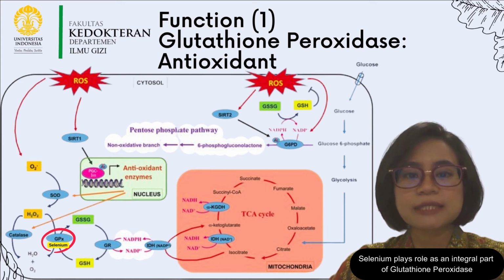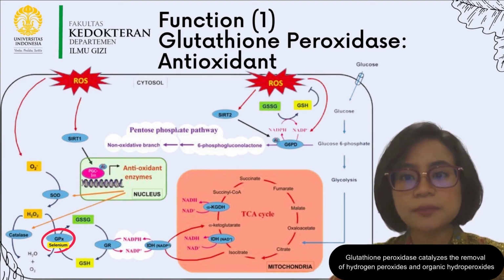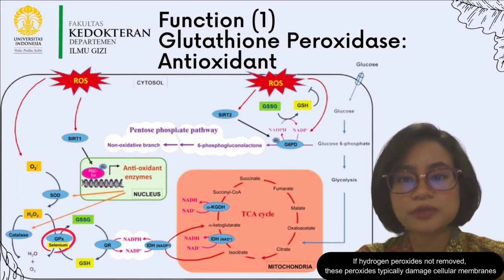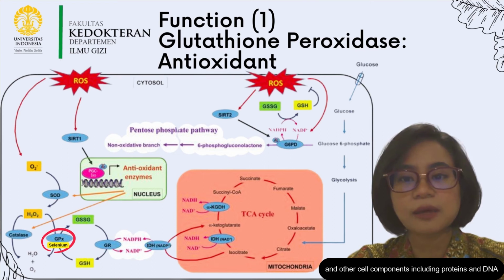Selenium plays a role as an integral part of glutathione peroxidase. Glutathione peroxidase catalyzes the removal of hydrogen peroxides and organic hydroperoxides. If hydrogen peroxides are not removed, these peroxides typically damage cellular membranes and other cell components including proteins and DNA.